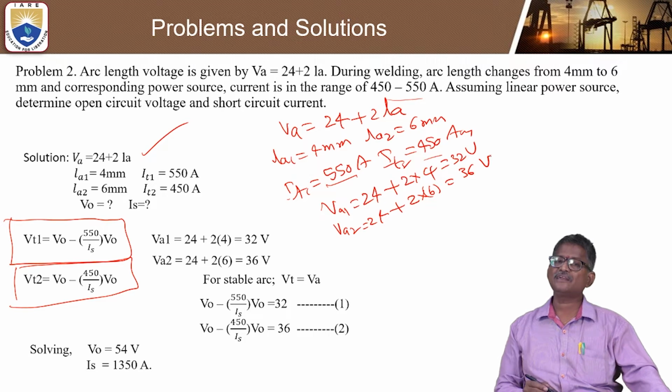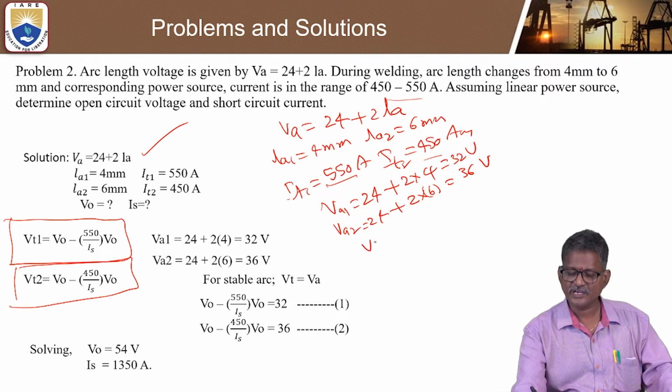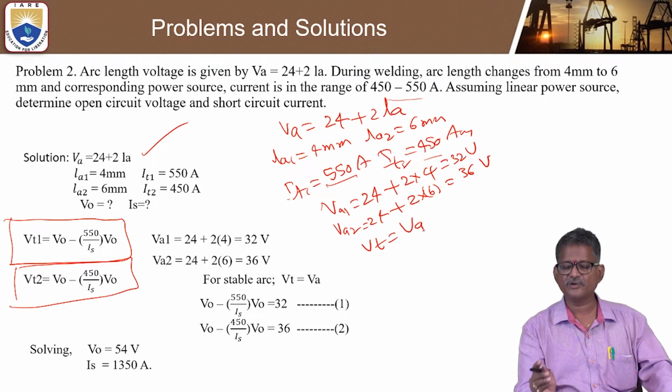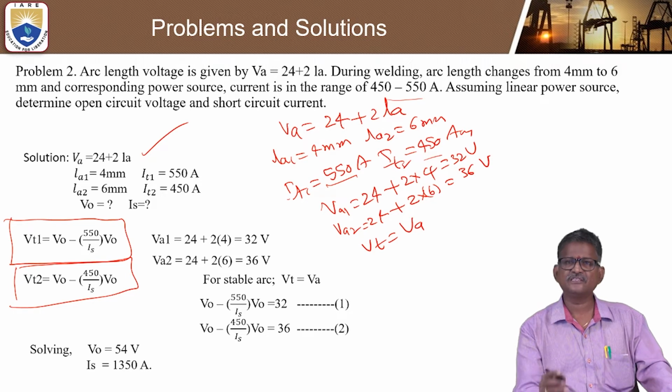As already explained earlier, for a stable arc VT is equal to VA, both are equal. So we will get two equations.